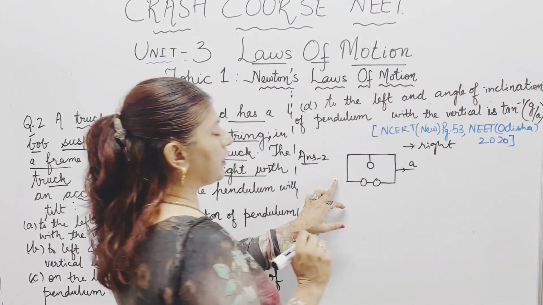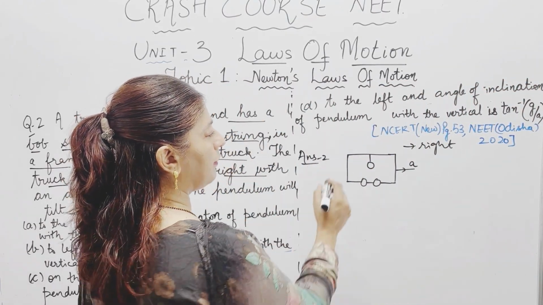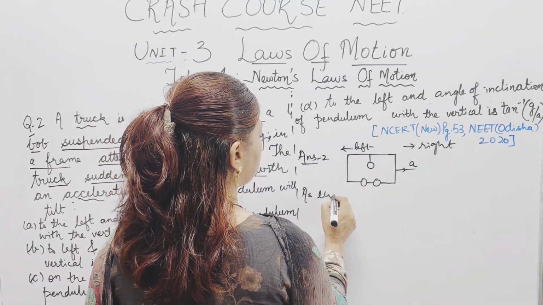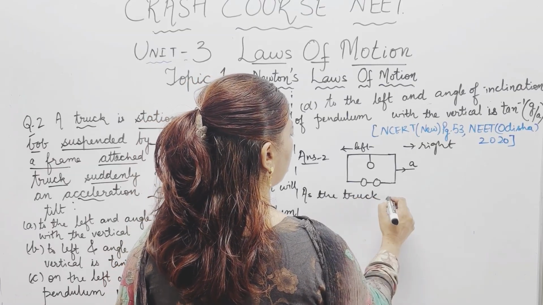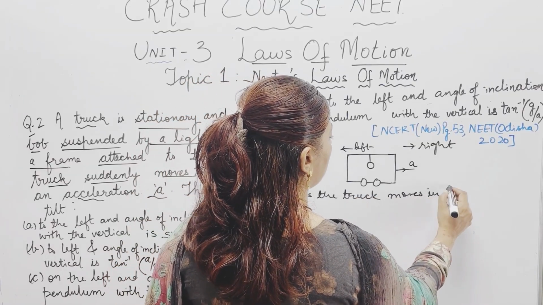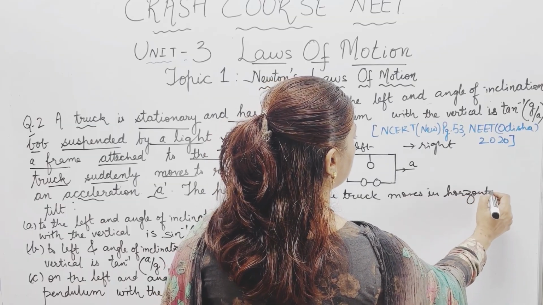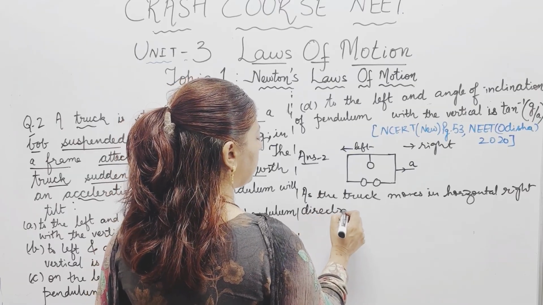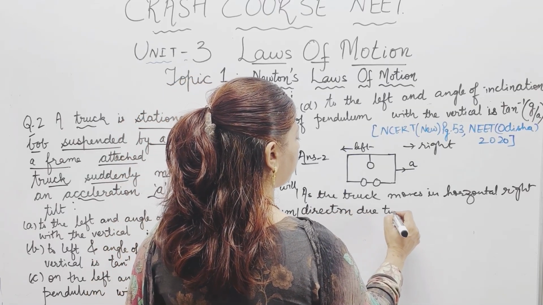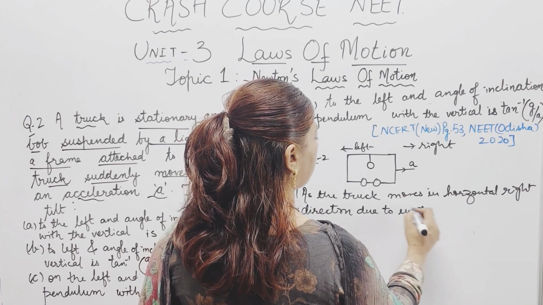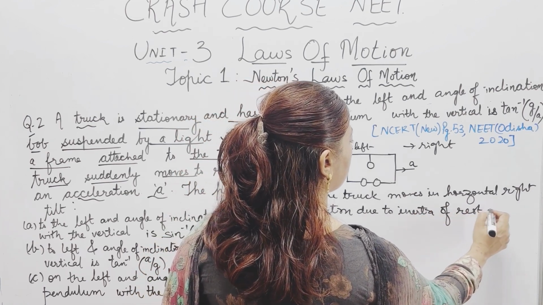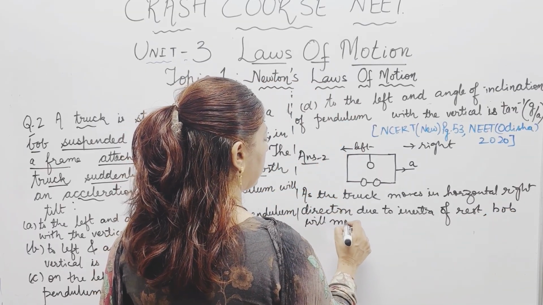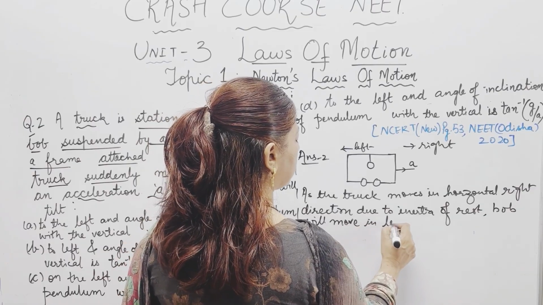So due to inertia, the bob has a tendency to move in the left direction as the truck moves in the horizontal right direction, due to inertia of rest. The bob will move in the left direction.